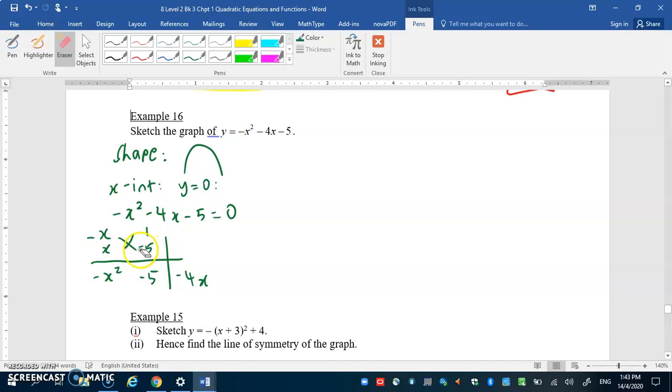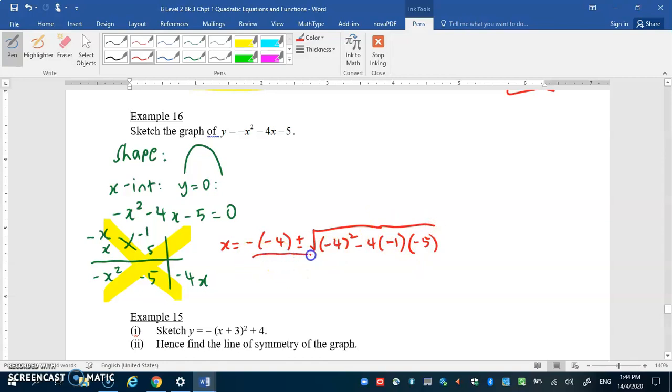So let's try to shift this over here. This will be negative 5x minus x, which will give me negative 6x, so I still can't do it. So basically, factorization doesn't work. And if I try to apply the formula, x equals negative b plus minus square root of b squared minus 4ac.